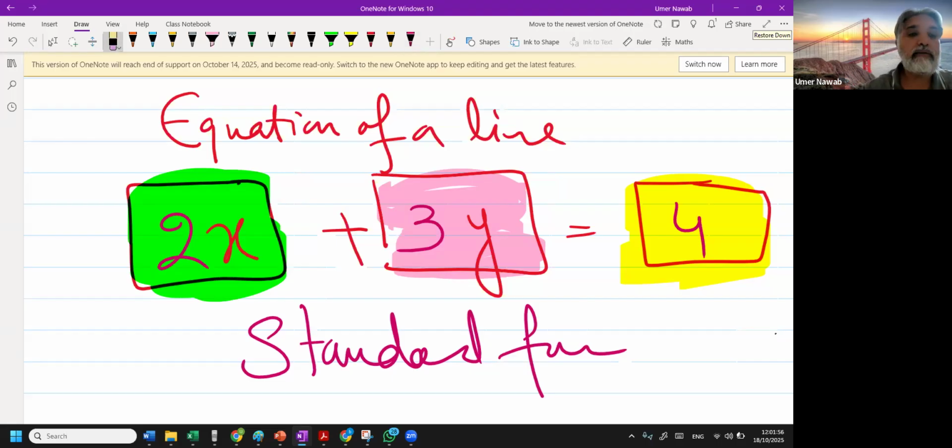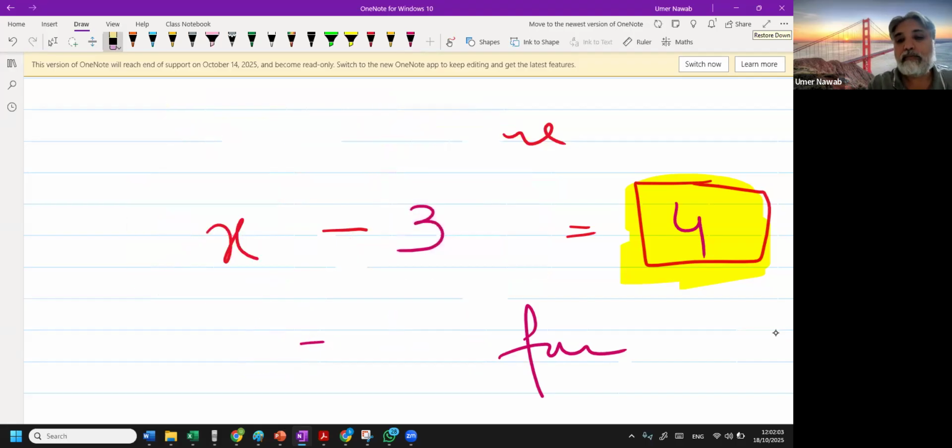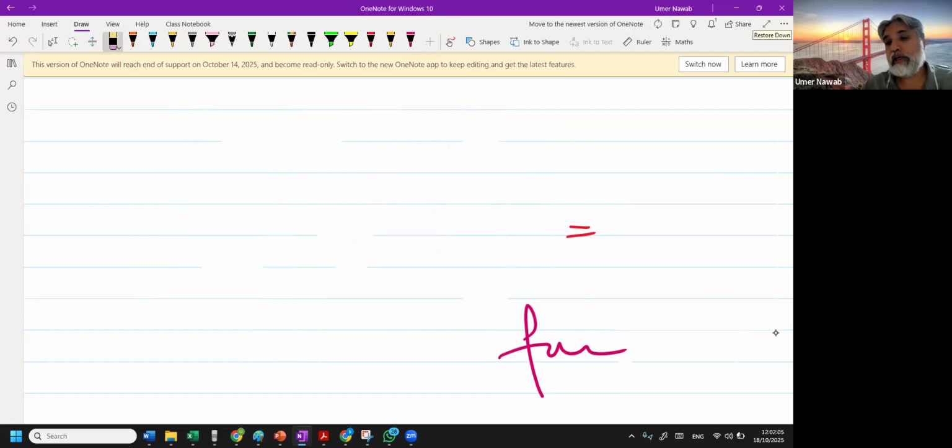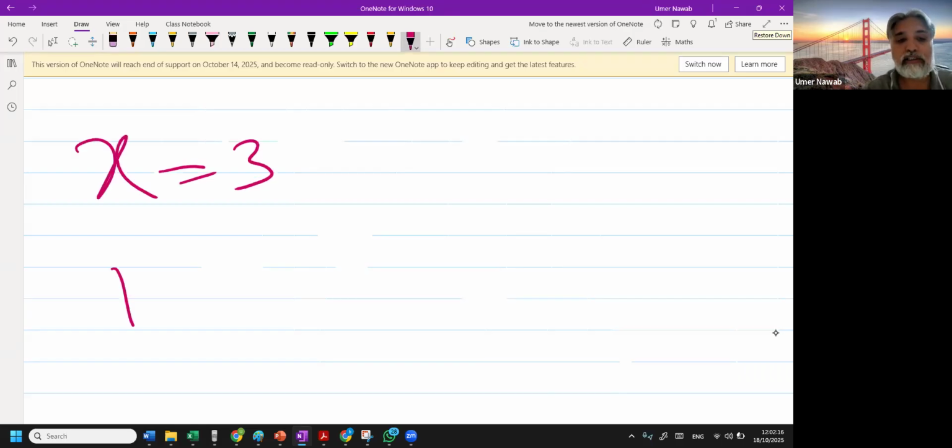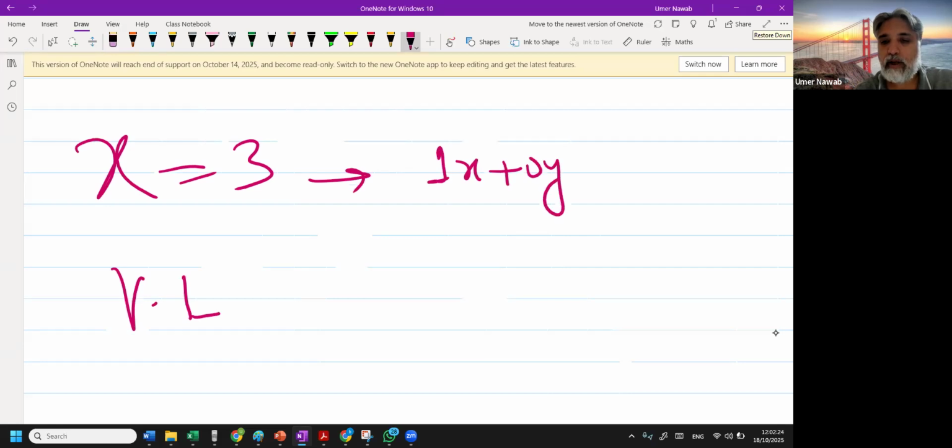Now you will definitely say, Mr. Omar, how come you say this is the standard form? Yes, this is the standard form, but you wrote some equations in which only x was present, only y was present. You were also calling it an equation of a line. Yes, that is a special equation, special line. When I say x is equal to 3, I know this is a vertical line. Okay, got it. If you really want to write it, then I can write it as 1x plus 0y is equal to 3.